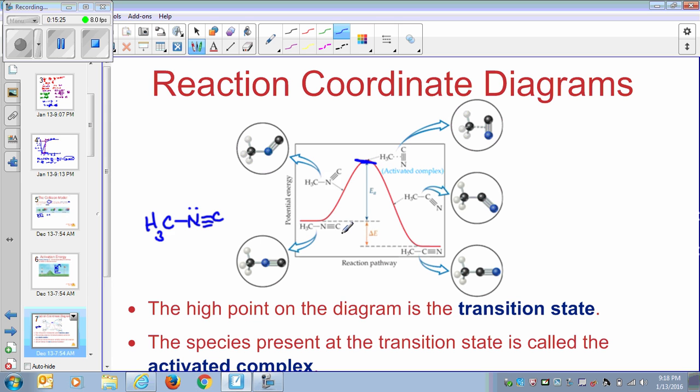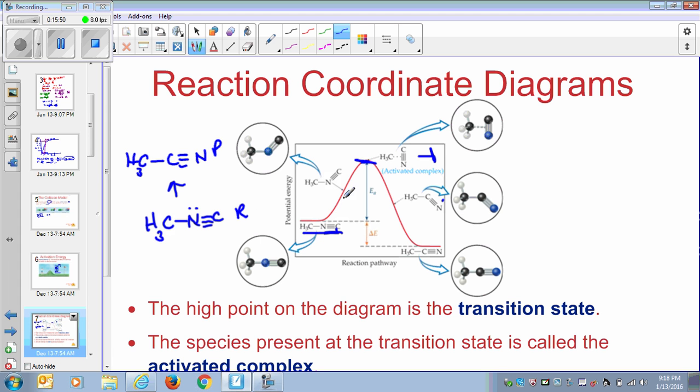This thing that was aligned at a 180 angle has changed its angle. By the time the product comes, the C is attached, so the product is methanol bonded with C, which bonds with N. So this is the product, and this is your reactant.